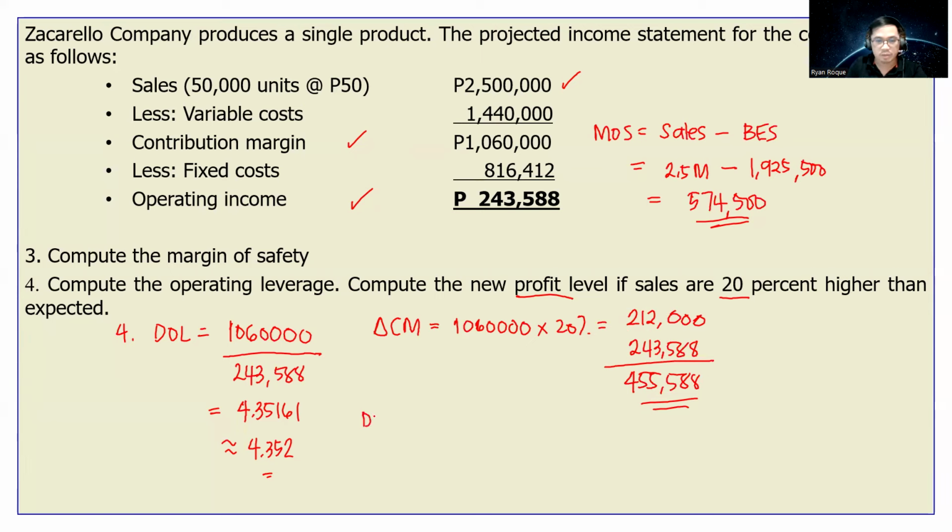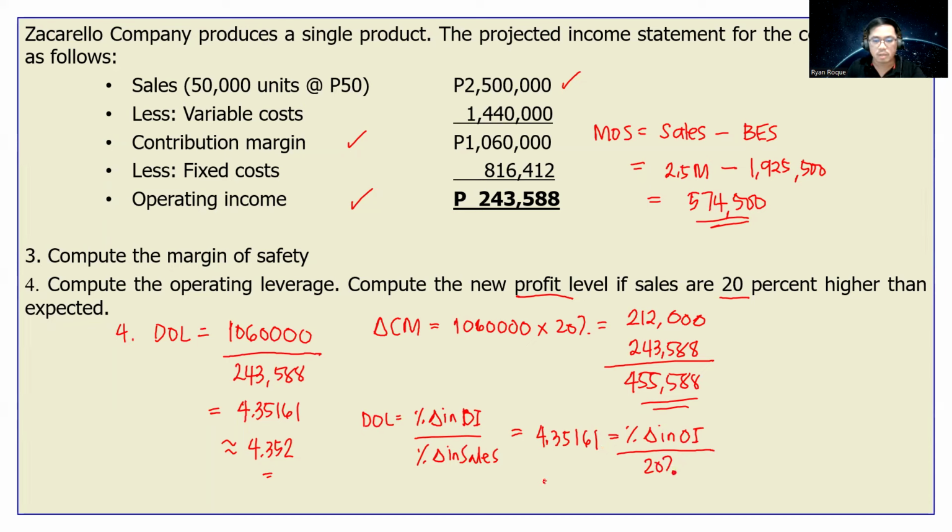There is another way of computing for this one. Remember that your DOL is equal to the percent change in your profit or operating income over the percent change in your sales. It was said here that there is a 20% change in your sales. So the DOL here is 4.35161, and that is equal to the percent change in operating income over the percent change in sales, which is 20%.